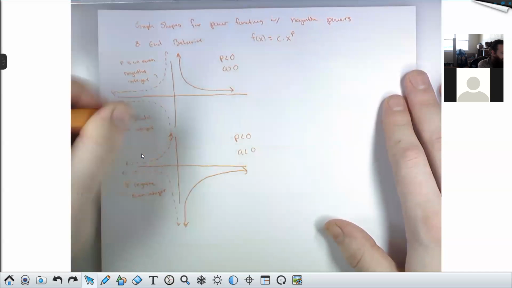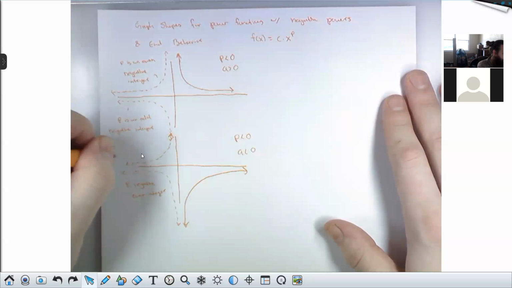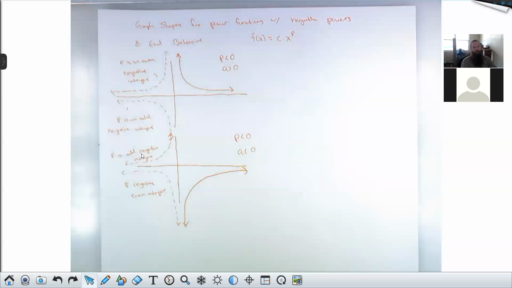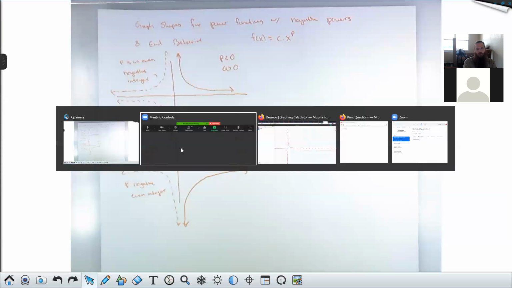And if P is an odd negative integer, then you'll have a piece here like this. So the examples you should be thinking of here are x to the -1, x to the -2, x to the -3. Those are your basic graphs.